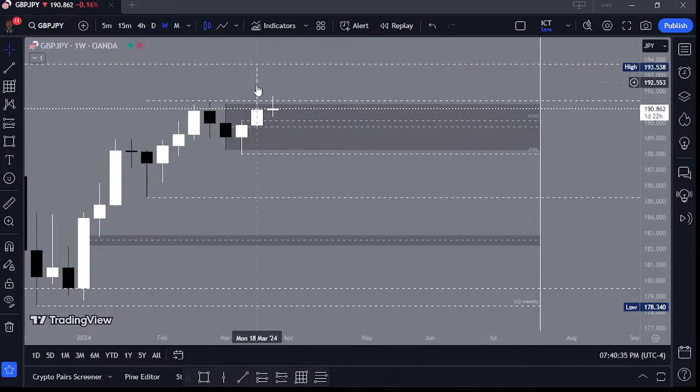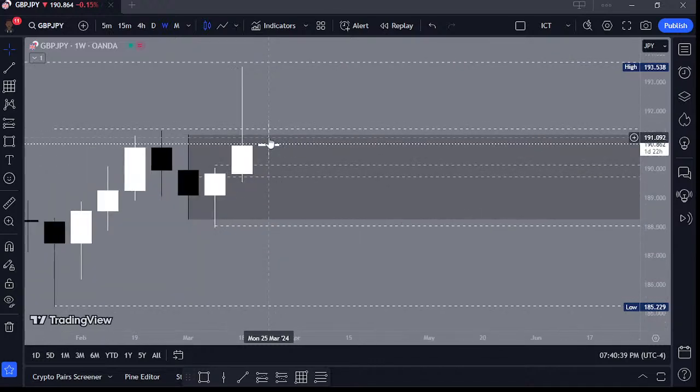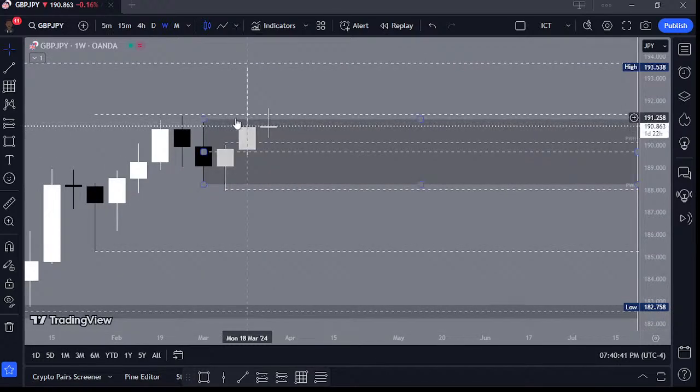After taking liquidity, it respects it, but it hasn't closed above the first week of March. That means the next candle should be bearish. The bulls are trying to push the market up, but there is indecision in the market. For this last week, I'll be bearish.